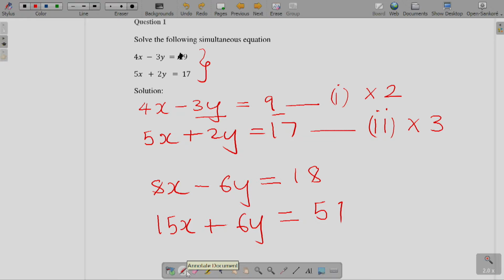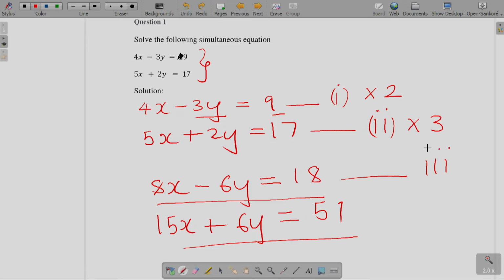After multiplying equation 1 by 2, we got this equation, and after multiplying equation 2 by 3, we got this equation. So let's call this equation number 3, and this one equation number 4.